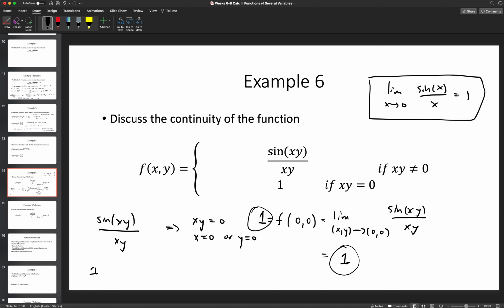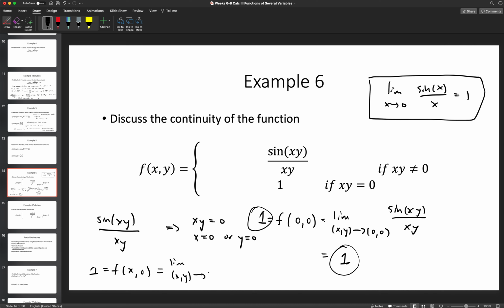So I'm looking at the case where, let's just do x, for example, where 1 is equal to f of x, 0. That's still in the second case, right? And we have to see if that is equal to this limit.